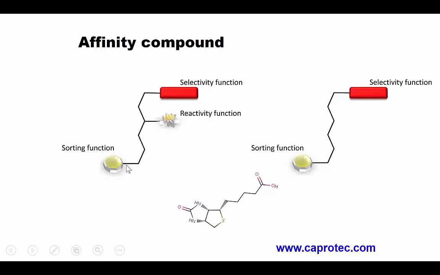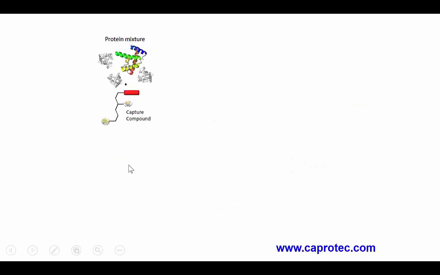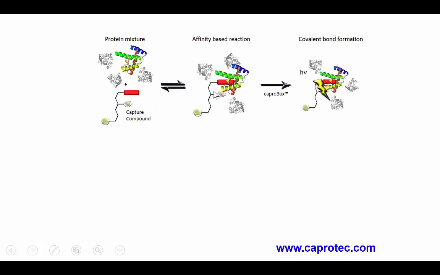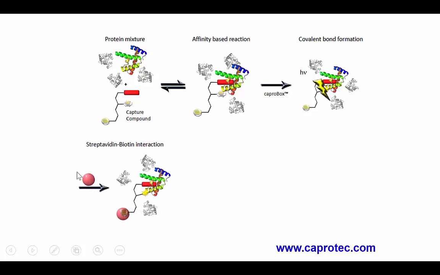Then, utilizing this molecule, we can mix together with the protein mixtures. Then this active motif can find its binding partner, and either with photoaffinity or chemical affinity, it can make a covalent binding. After that, we can add streptavidin bead. Then this streptavidin can recognize biotin. Then this whole complex can be filtered off. All other soluble proteins can be washed out.